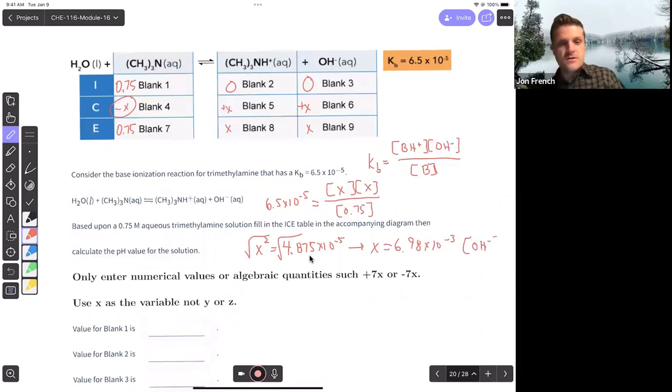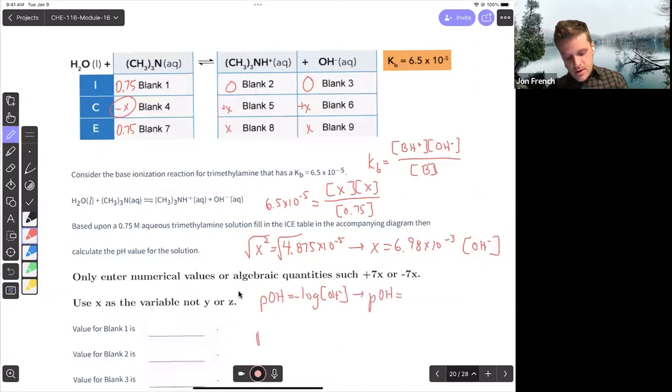The only difference here is that x is hydroxide. So we're actually going to start with finding pOH first and then finding the pH. So we know pOH equals the negative log of my hydroxide concentration, and then we know pH plus pOH equals 14.